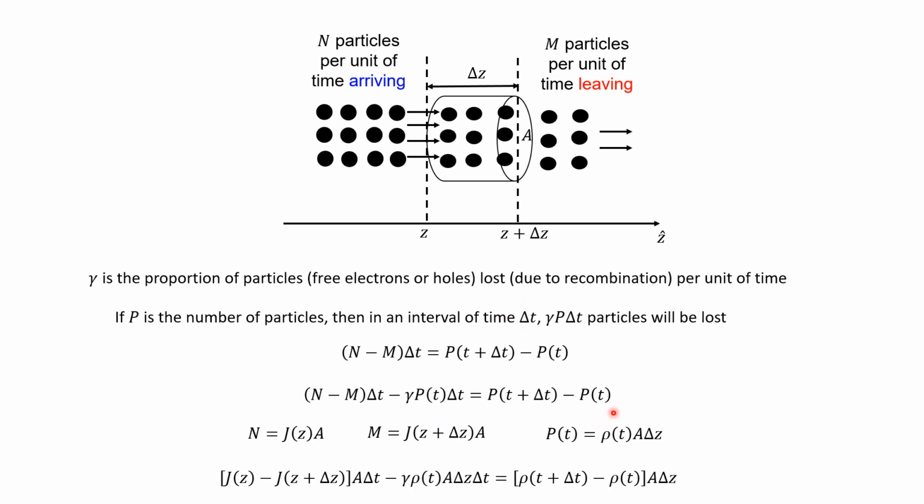And now we can recast this equation the same way we did earlier, but now I'm already expressing n and m in terms of the current density, and the total number of particles is again expressed in terms of the concentration. So this term here becomes rho times A times delta z, and here is the same as before.